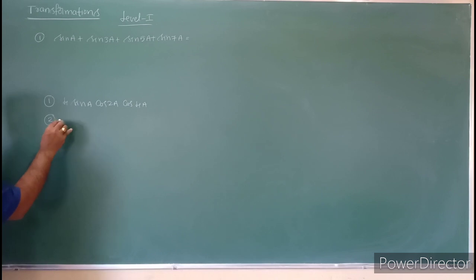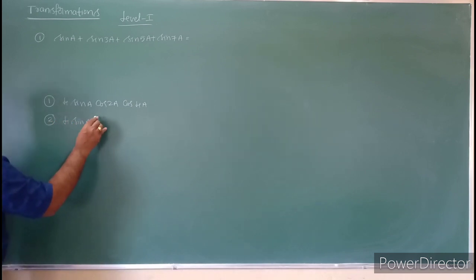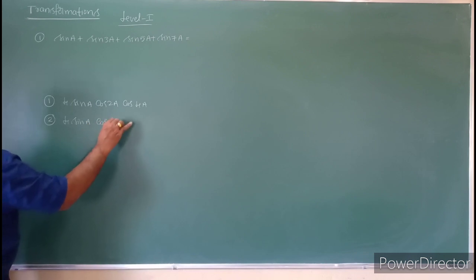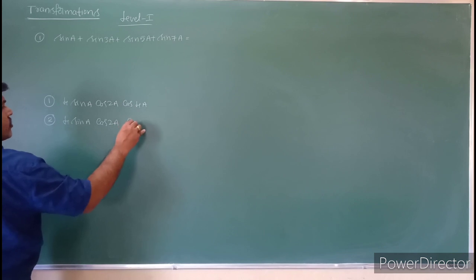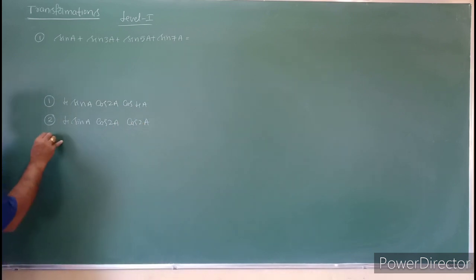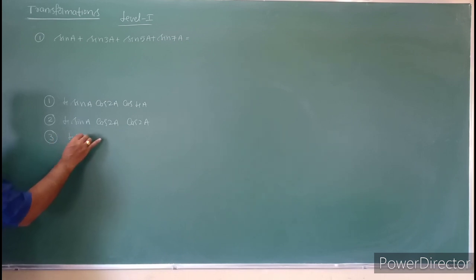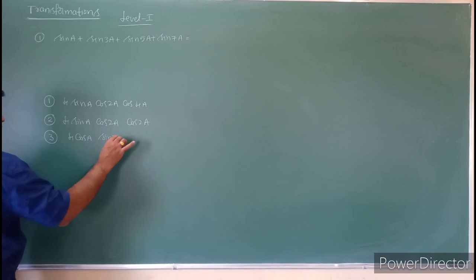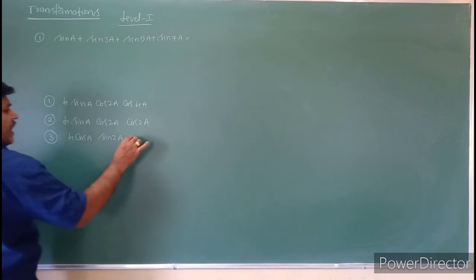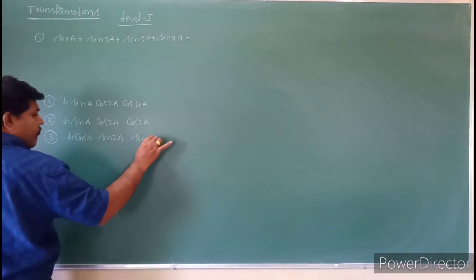What is that? 4 sin A cos 2A and cos 2A, and see the third one is 4 cos A sin 2A, sin 4A.